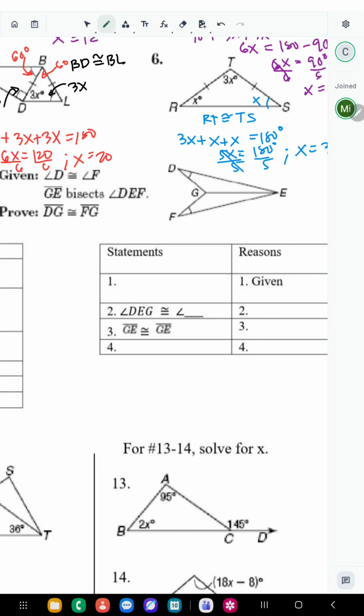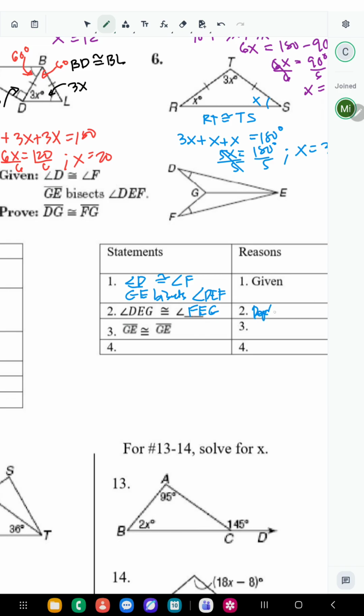Yeah. The next one, angle D is congruent to angle F, and GE bisects angle DEF. So therefore, angle DEG is congruent to angle FEG. What's this?